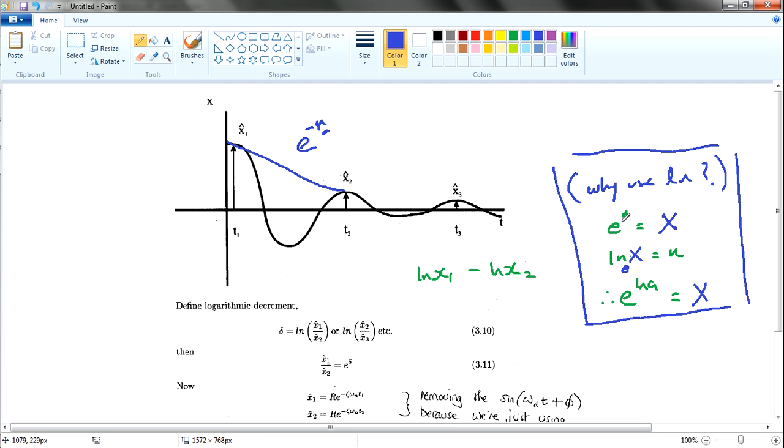Since we know our amplitude already, we use the natural log, base e, of x to get n. If you forget this, it's okay. I just want to show you that they use ln because you want to find n. In order to find n, you have to use ln base e of the amplitude to get the exponent of e. I hope you get what I mean.